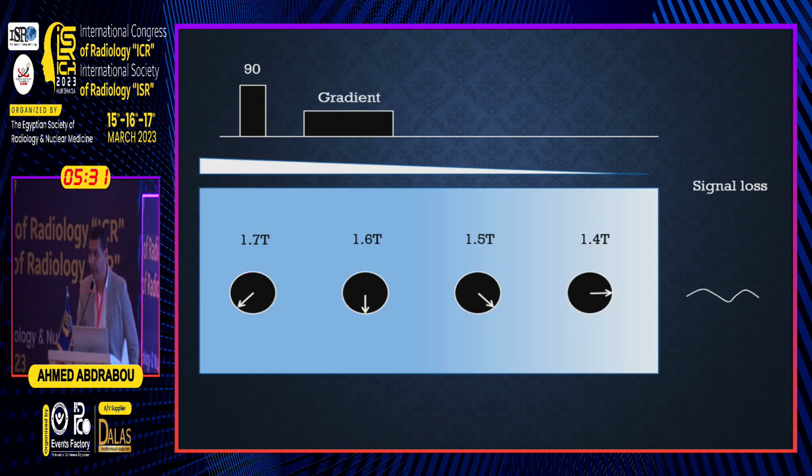Now we will apply the gradient, and the gradient means that the field is not homogeneous. So we have a high end at one side and a lower end at the contralateral or the other side. And the proton exposed to the high end of the gradient will move faster, while the proton at the lower end of the gradient will move slower. And now they are not in phase, and we will cause signal loss.